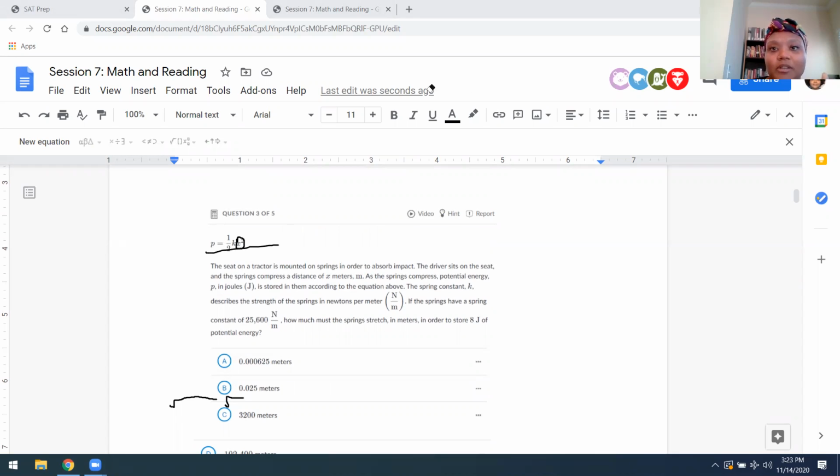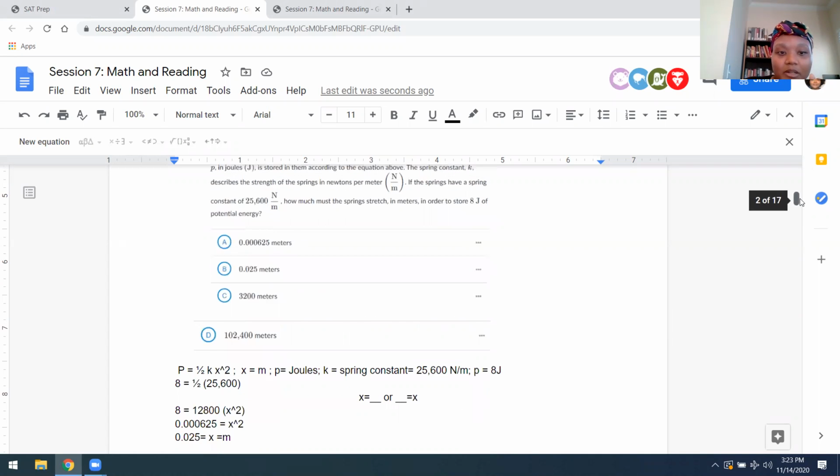Either way it would still work, but you just have to make sure you realize that the x and the m within the context of this question are interchangeable. So yes, the correct answer is B, 0.025 meters.